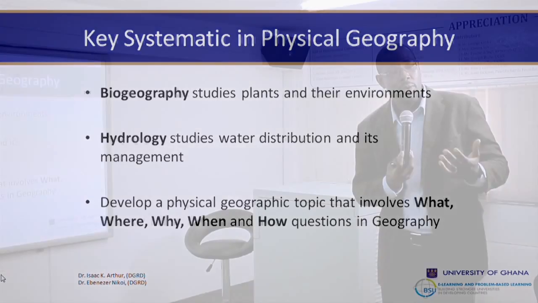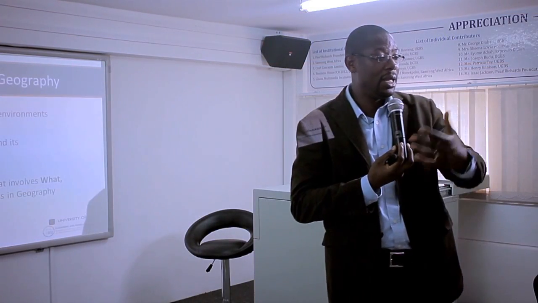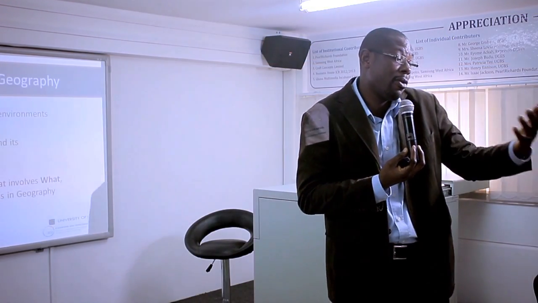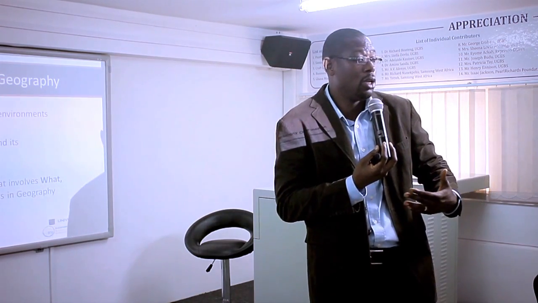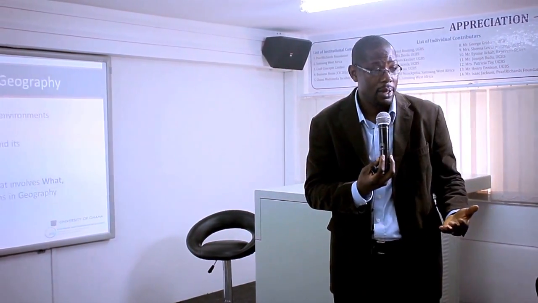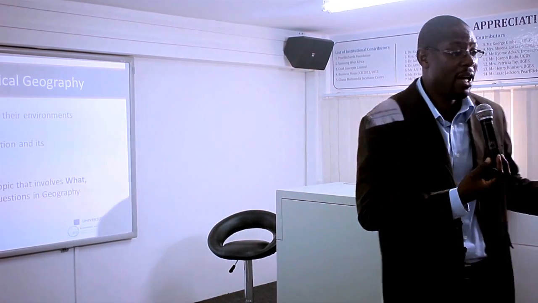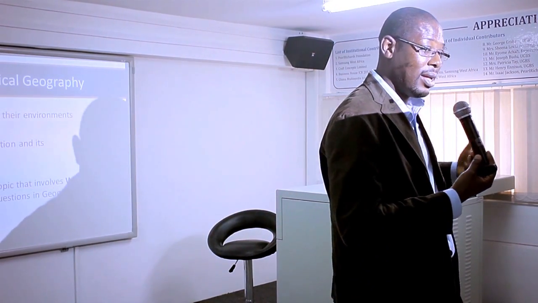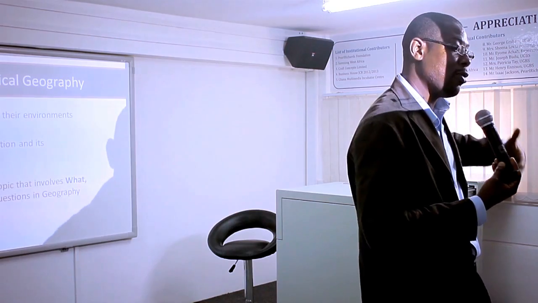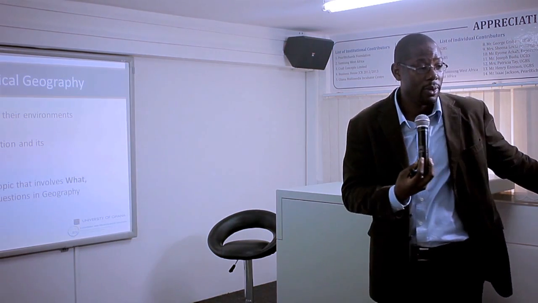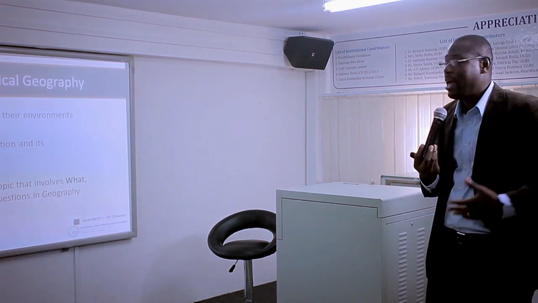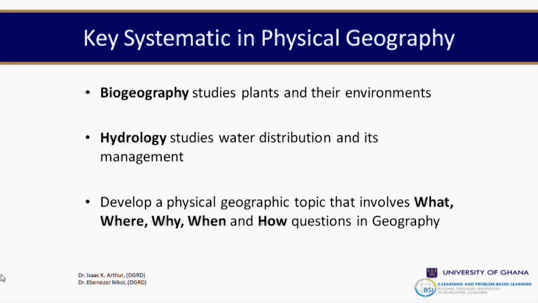So how is water distributed in a particular area, from rivers to the sea? Here in Accra, we have the Korle Lagoon, and water flows from the Korle Lagoon into the Atlantic Ocean. We can study this, and how it's also managed. Perhaps we could have some technologies which we would use to manage this flow.